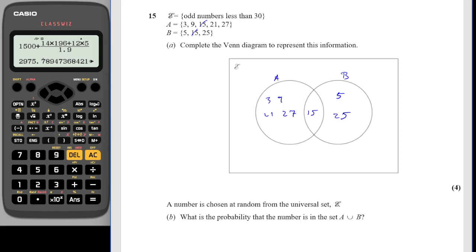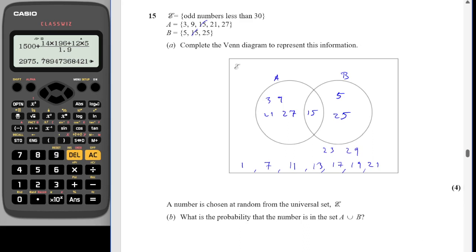So if I kind of run through these numbers, odd numbers less than 30, we've got 1, 3 is accounted for, 5 is accounted for, 7, 9, 11, 13, 15 is accounted for, 17 is not, 19 is not, we've then got 21, that's not been accounted for, 23, 25, 27, and that's 29.